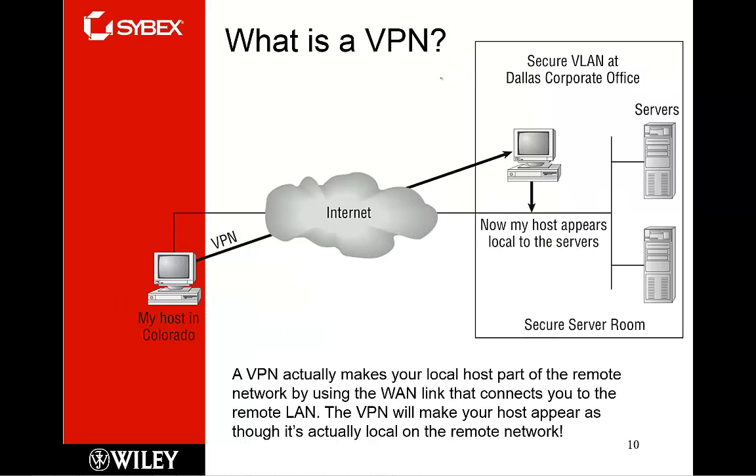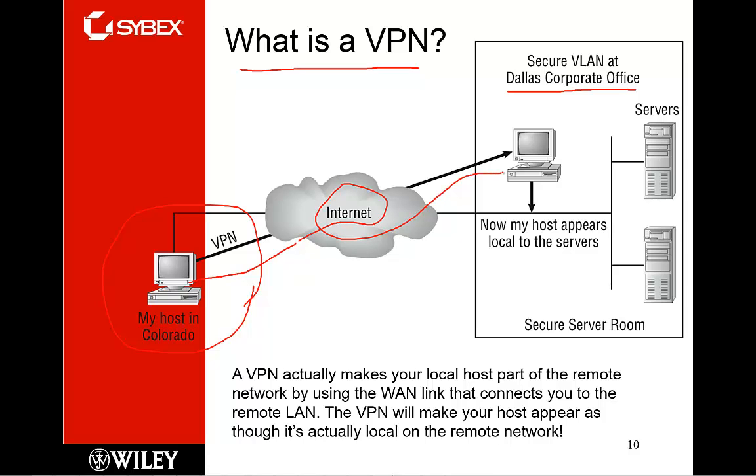Now what is a VPN? This is an advanced concept, but the idea is when you have workers traveling around the world and they need to connect to your office, and here we have, for example, a Dallas corporate office, and you have all these users with a PC traveling all over the world. Here the user is connecting from wherever they are. They're going through the internet, and then connecting to the office.